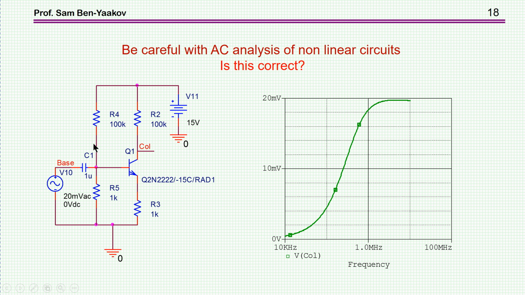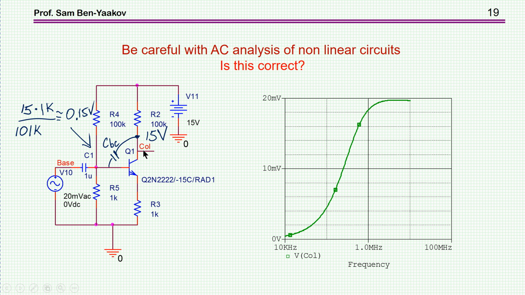It is correct in the sense that this is the output that you'll get here. But it has nothing to do with an amplifier, because if we consider the voltage divider here, it turns out without the loading of the transistor, the voltage here is 0.15 volt, insufficient to turn on the base to emitter junction. So this transistor is in cutoff.